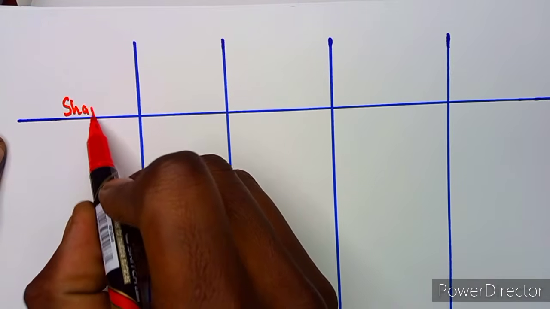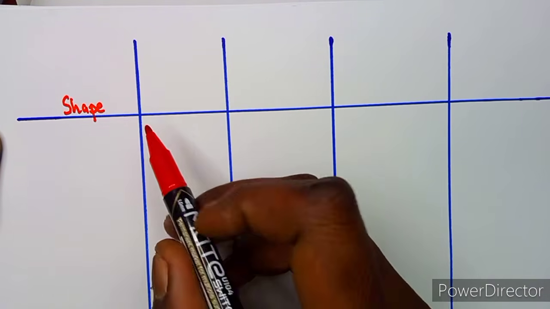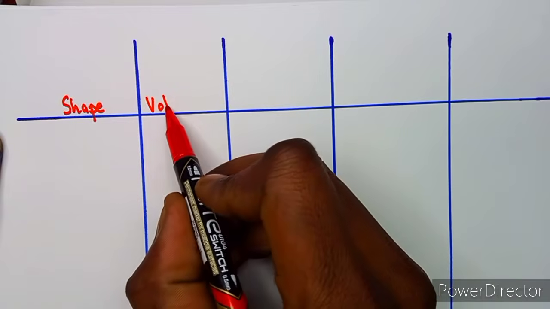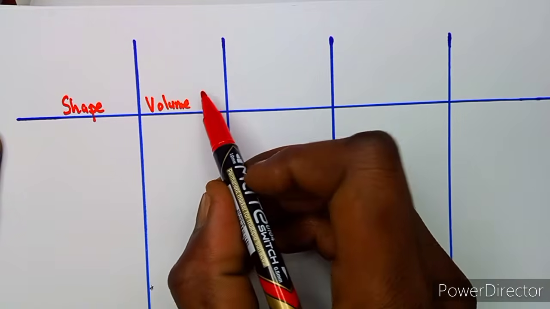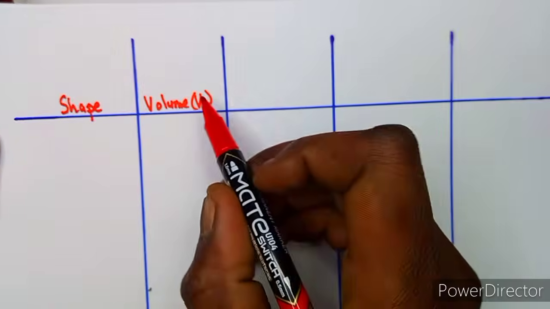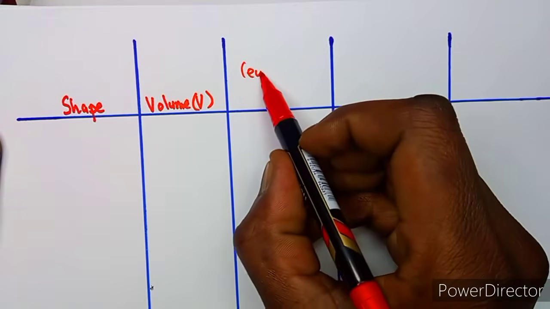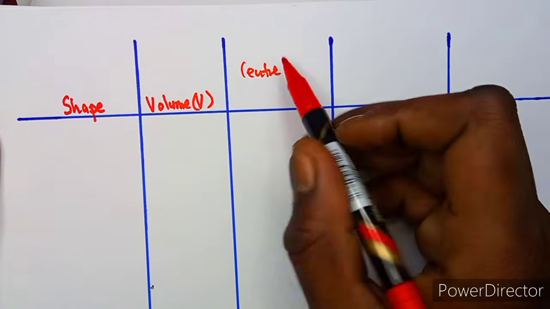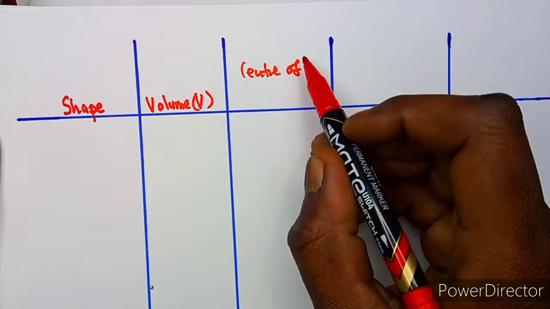So we've got our shape here. And let's just have our volume here. Let's write this as V. We are working with the center of gravity, remember?